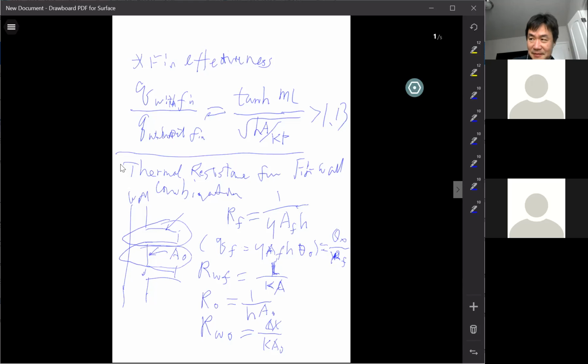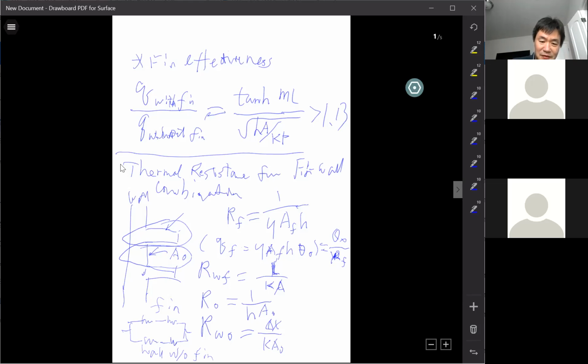Do you see the picture? So the circuit is like this. This is the fin part. This is the wall part without the fin. The fin part has two thermal resistances added together, in series.